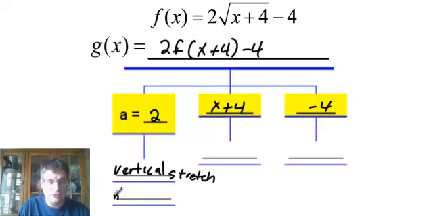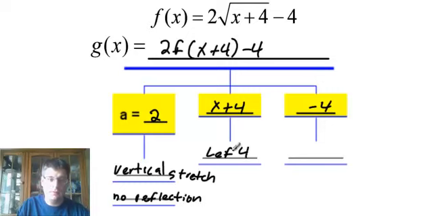And other than that, it's not reflected. So there's going to be no reflection because it's positive. Because we have x plus 4, that's going to indicate a shift to the left 4. And then minus 4 for the k means it's going to go down 4.